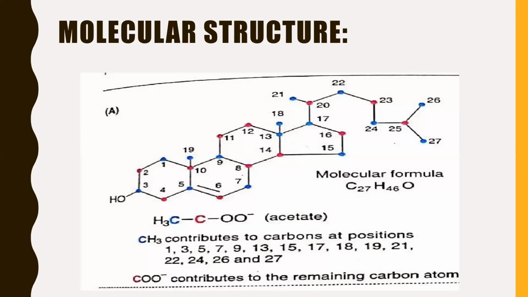The acetate is contributed at carbon atoms 1, 3, 5, 7, 9, 13, 15, 17, 18, 19, 21, 22, 24, 26, and 27. COO contributes to the remaining carbon atoms.